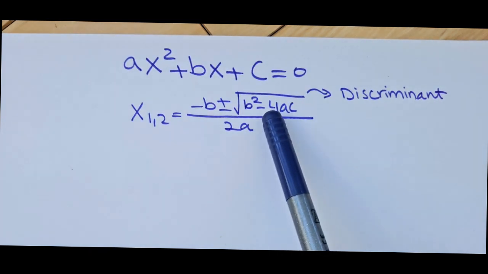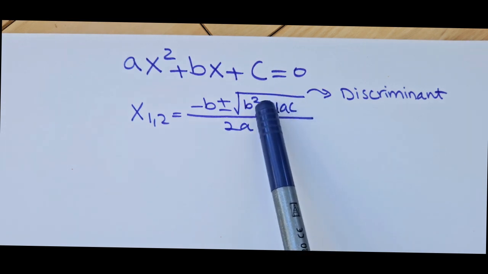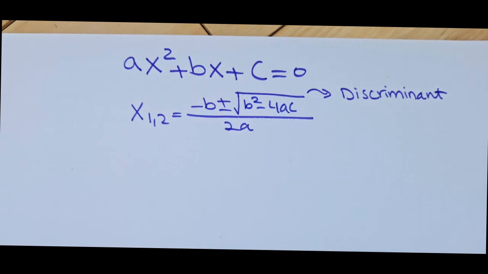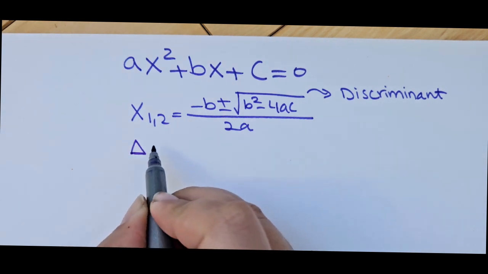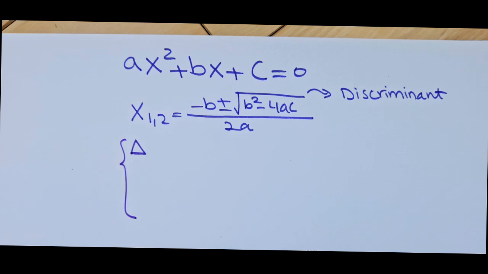If the discriminant is negative, then you wouldn't have any real solution. And if the discriminant is equal to 0, you would get two identical roots. Sometimes we show the discriminant with a triangle.